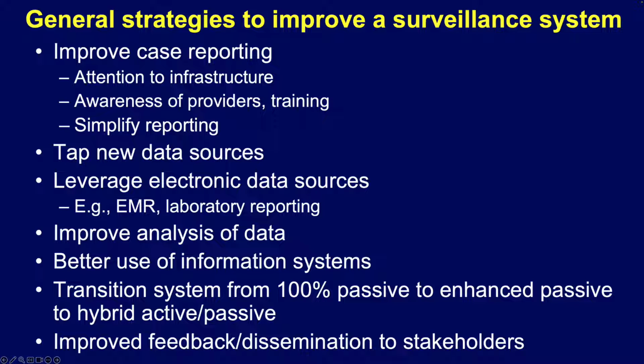There's often work that can be done to better ensure that dissemination includes the kind of information that surveillance system stakeholders are looking for and that they find useful about the surveillance systems. Of course, this isn't going to come without a need for more resources or reprogramming of resources, and so it's just something to keep in mind.